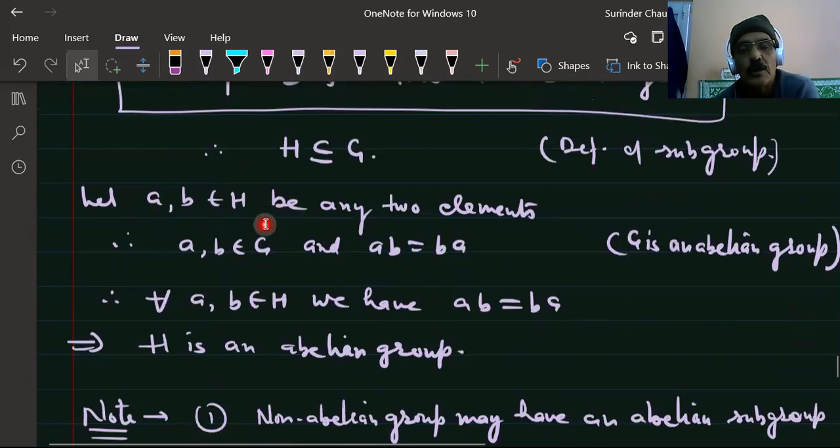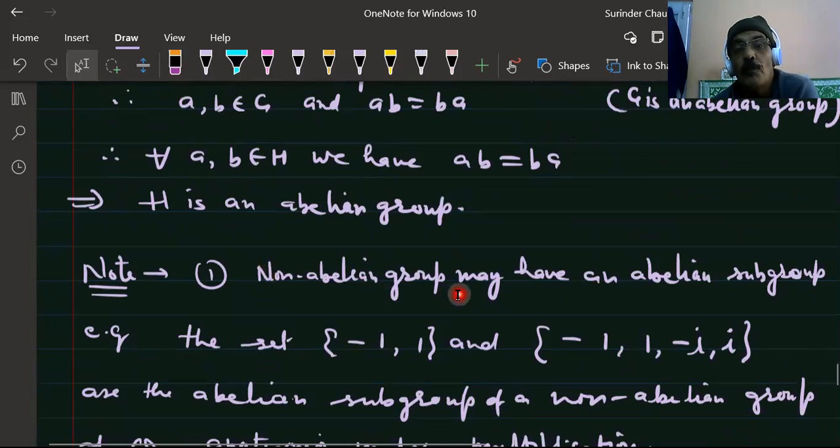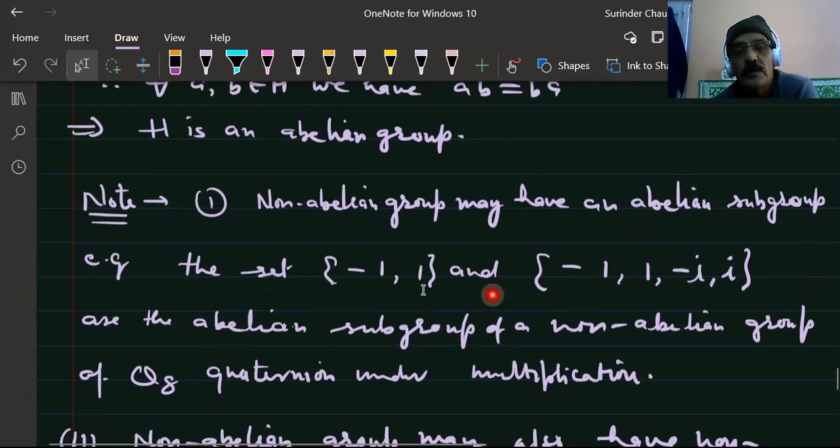Now we'll conclude some other results. A non-abelian group may also have an abelian subgroup. Take the two subsets H equal to minus 1, 1, and K equal to minus 1, 1, minus iota, iota.